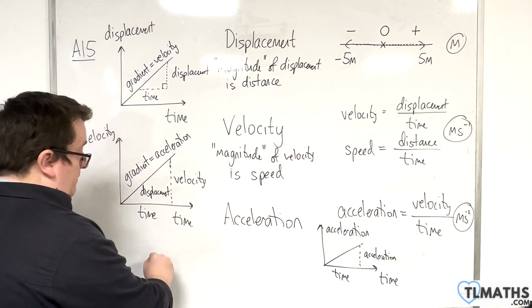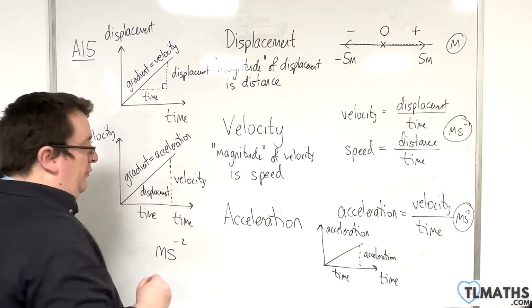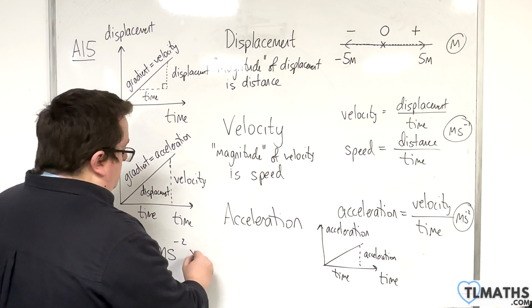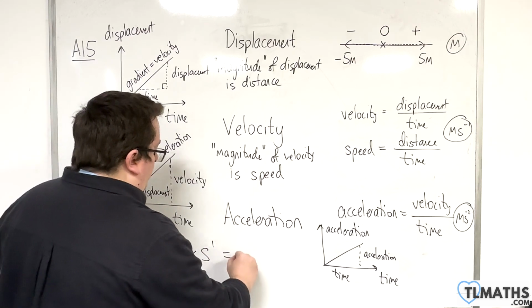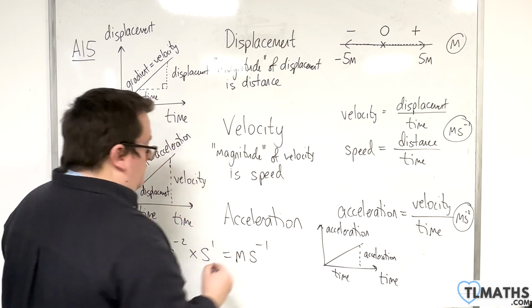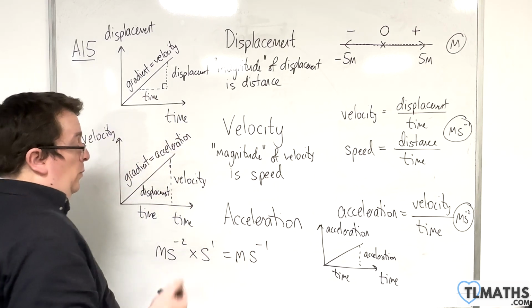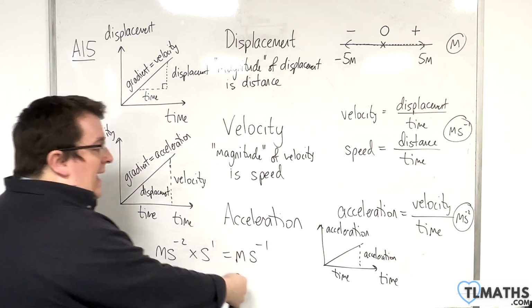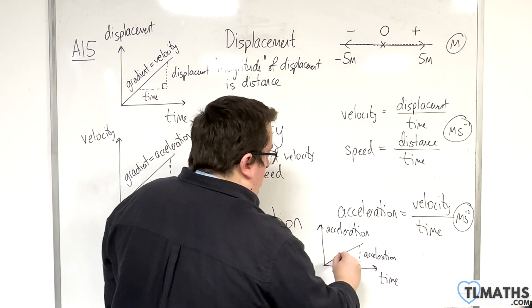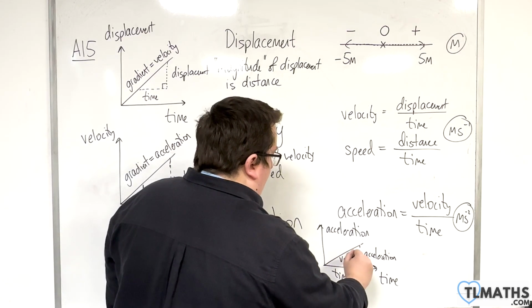As an area, you would be multiplying meters per second squared by seconds. This would give you meters per second, since -2 plus 1 is -1. And because you get meters per second, the area there must be velocity.